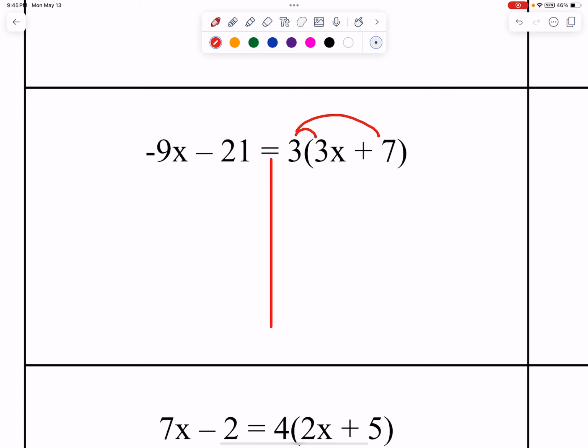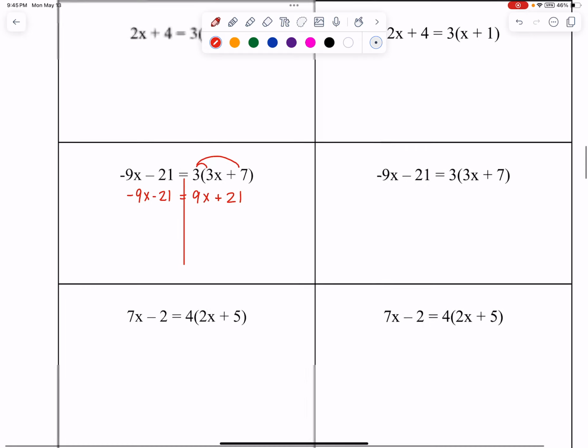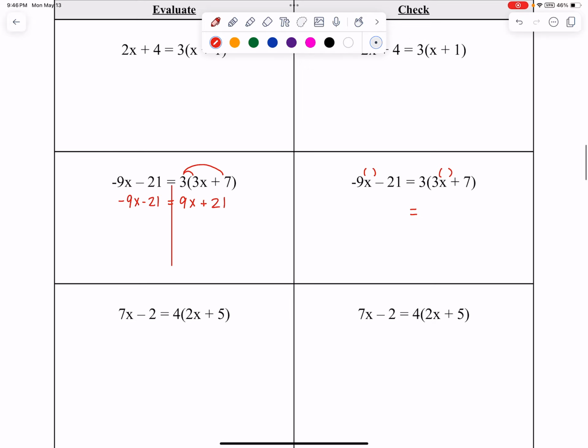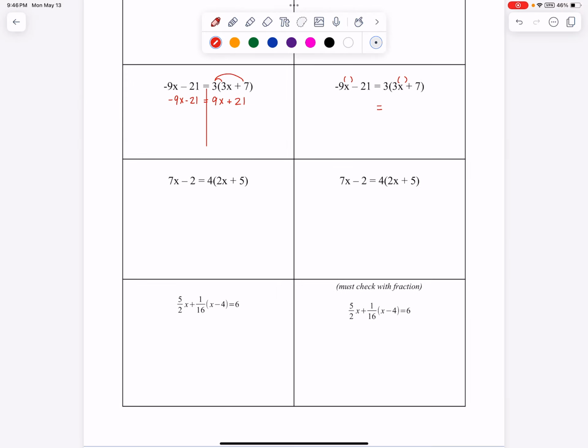You're going to write your first layer, which is negative 9x minus 21 equals 9x plus 21. Then we can start moving things around. Whatever you get for x, make sure you come over here and write it in parentheses. Then we check both sides, and hopefully they equal each other. If you have any questions for that, let me know.